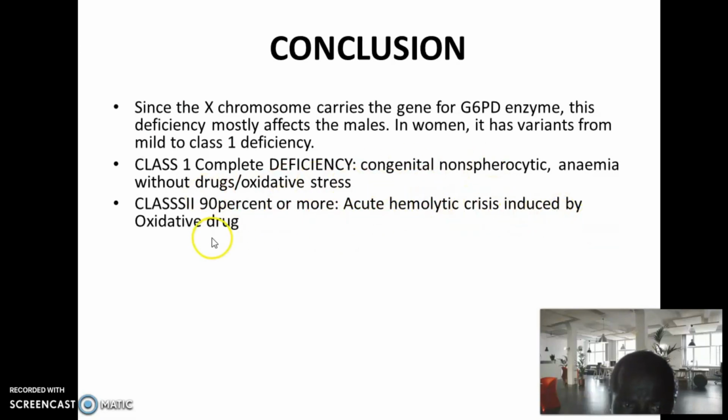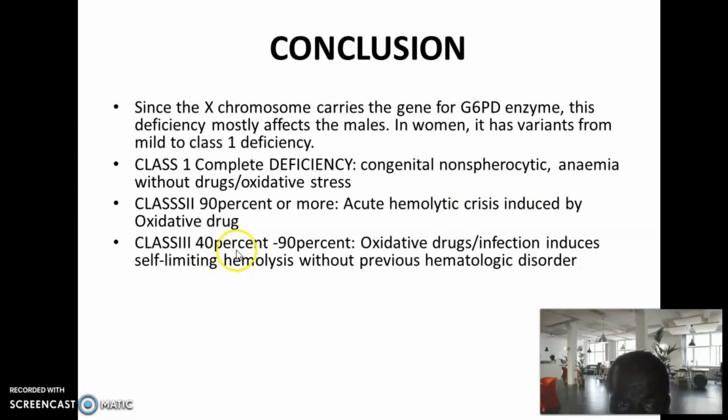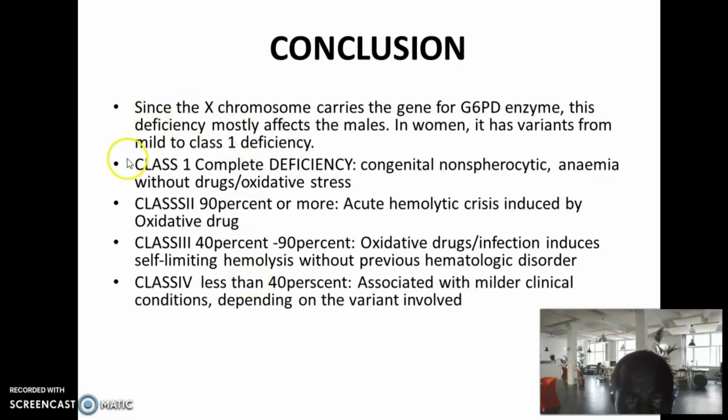In this other one, 90% or more, it's induced by oxidative stress. And in class 3, you find the oxidative drug or infection-induced self-limiting hemolysis without previous hematological disorder. These are the various classes of the disorder, with 40% having milder clinical conditions depending on the variant.